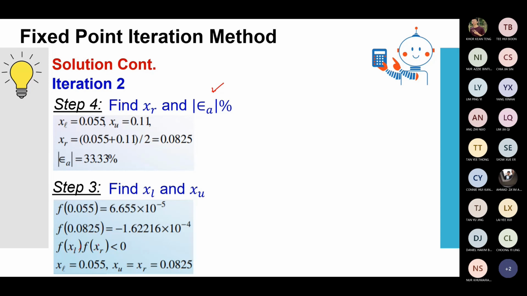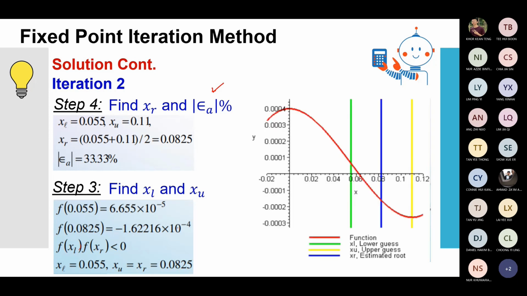The upper value just now is 0.11, right? Now the new upper value becomes 0.0825. That is your new XU. If you illustrate it in the graph, you can see the estimated error is here.